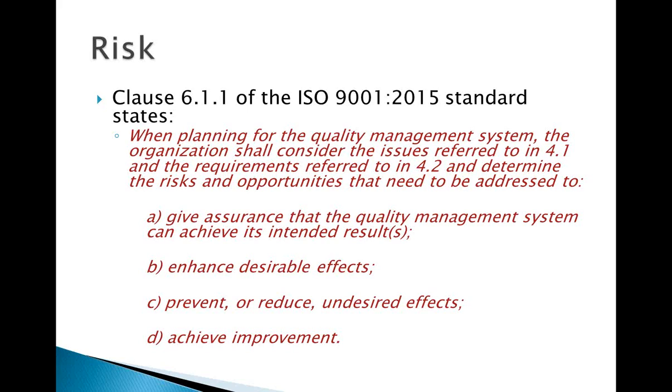What is the purpose of doing this? Well, you want to, as the standard says, enhance desirable effects and prevent or reduce undesired effects. And additionally, we want to be sure that our system can achieve its intended results, do what it's supposed to do, and overall, here's another interesting tie-in, achieve improvement and have continual improvement. So there's a recognized correlation between risk-based thinking and continual improvement.